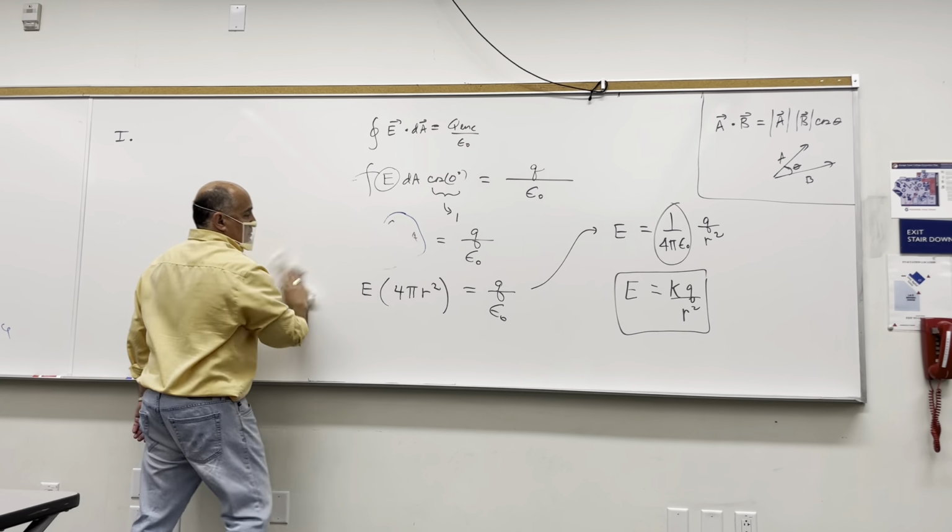Kind of nice. As soon as you step outside that sphere, the electric field is the same as if all the charge on the surface of that sphere were at the center, as if it were a point charge.